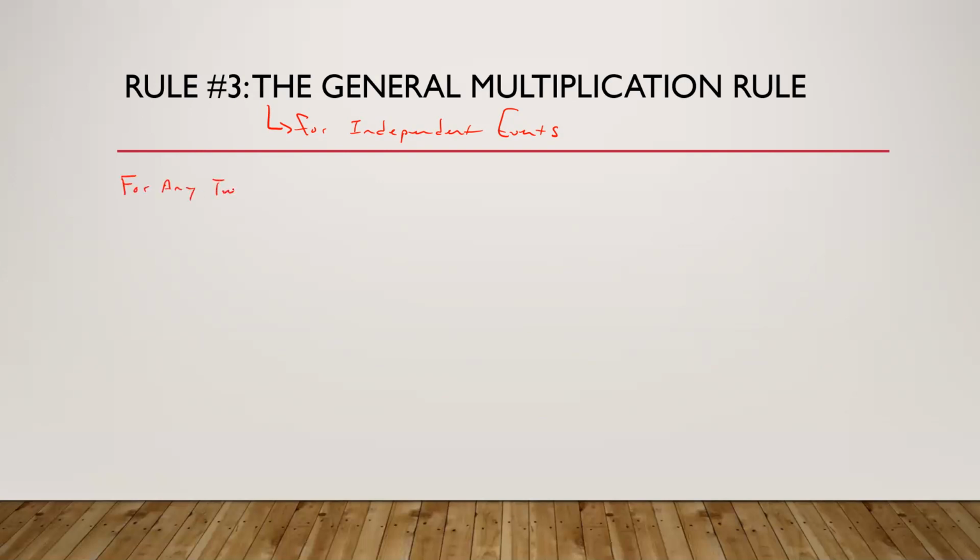For any two events, and we'll call those events E and F, if I say, what is the probability that event E and event F happen?